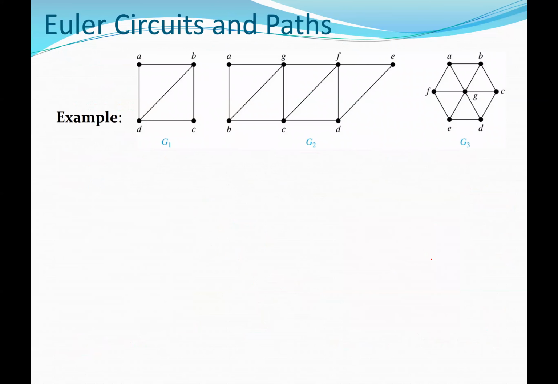So let's see if those graphs have Euler circuits or not. All right, degree 2, degree 3, degree 2, degree 3.